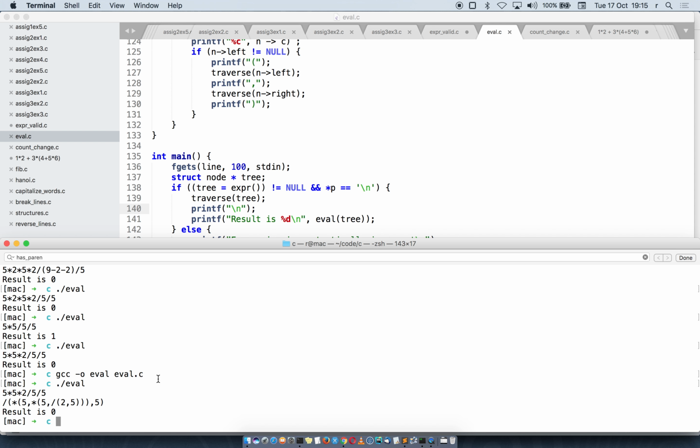There's 2 stars, right? 5, 5, 2, right? This should be our tree, right? And instead it looks like this.